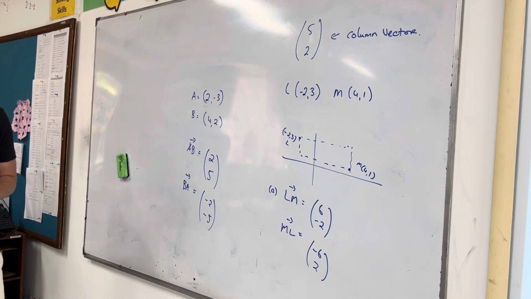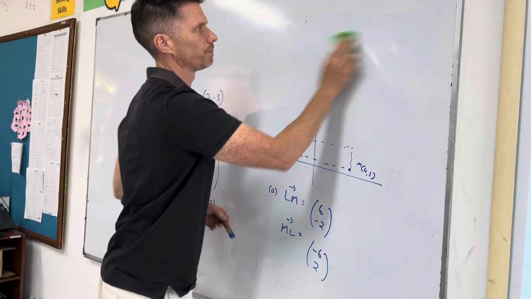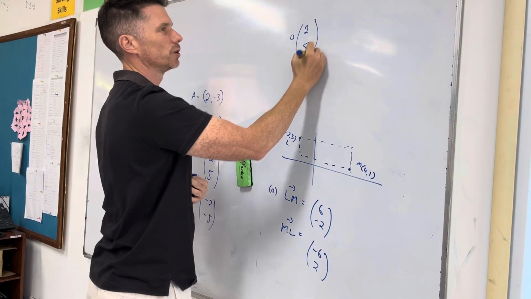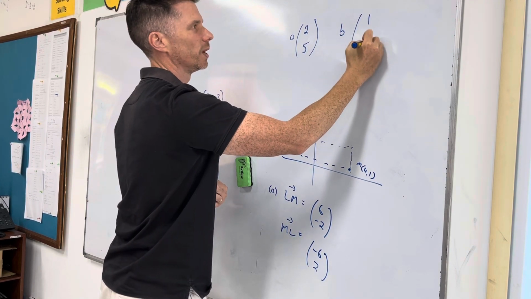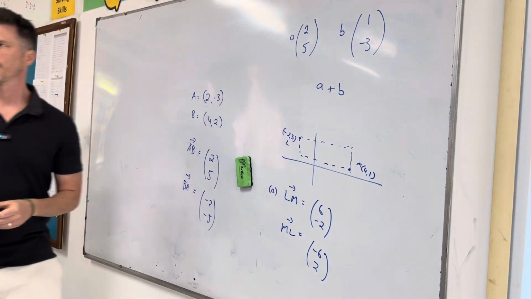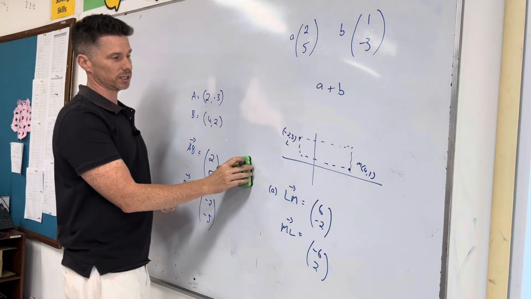Okay. What happens if I add 2 vectors? So if A is some journey of 2, 5, and B is another journey, 1, minus 3, what happens when I add A to B? You can think about this with a diagram.